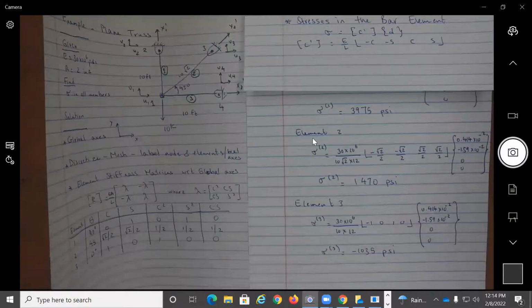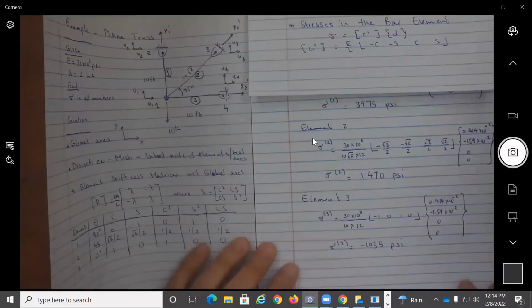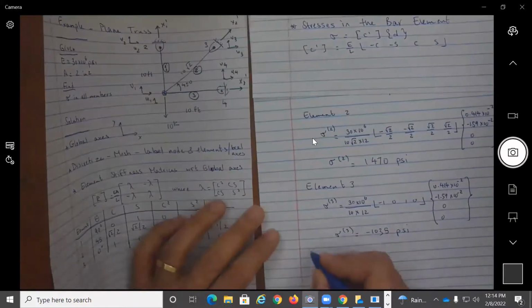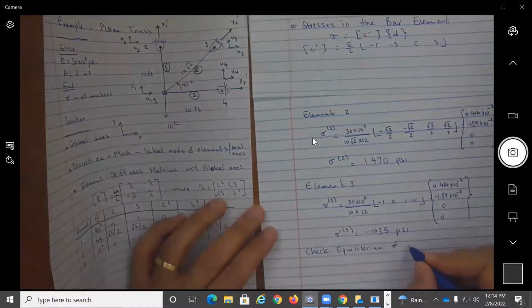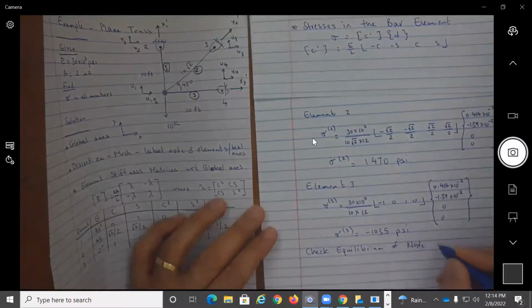If for any reason the numbers did not make sense, I can check as a validation equilibrium, for example, of joint 1 or node 1. This is for validation, right?